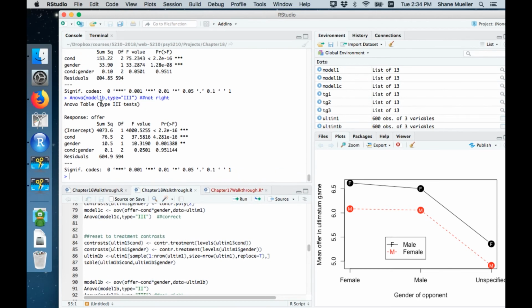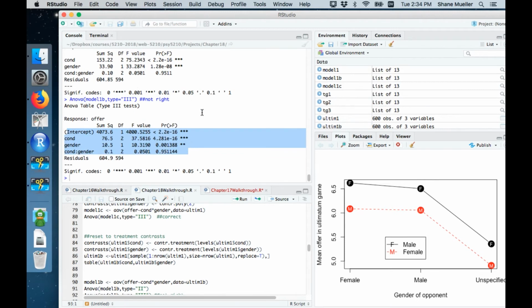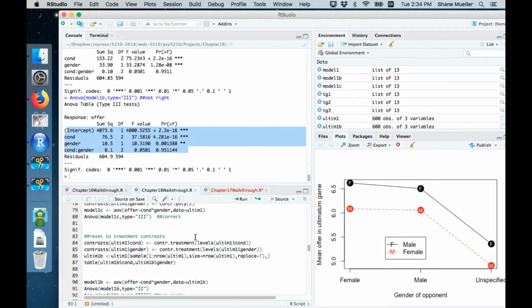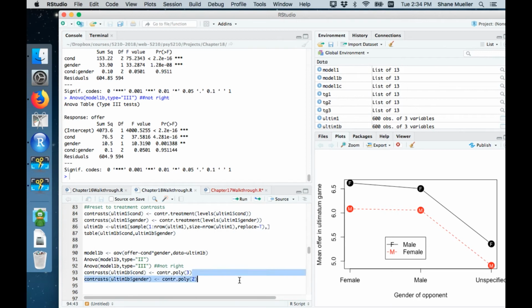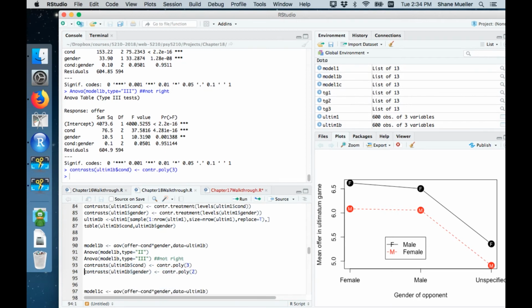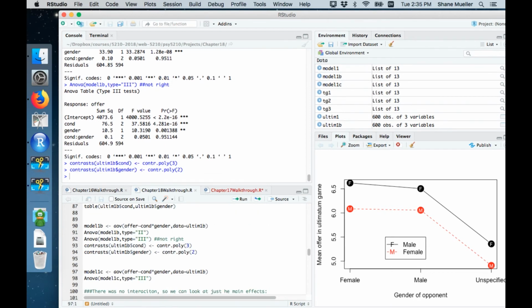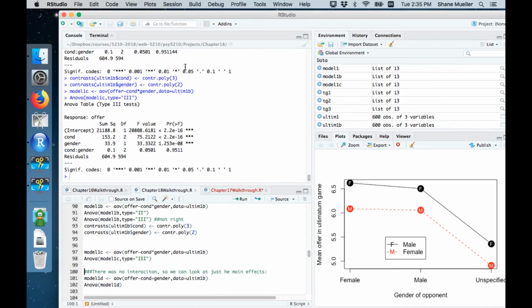It says type 3, but this is not going to be right because my contrasts are not coded properly. So again, I would have to recode the contrasts using polynomial coding. I could run this again, and here's the right one to test the type 3 ANOVA.